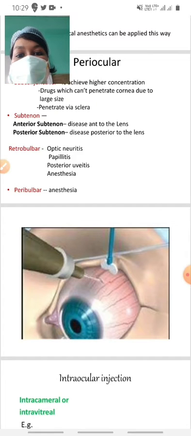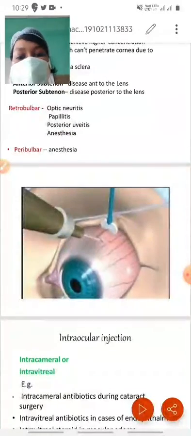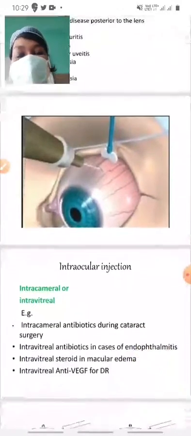Next is the retrobulbar injection, which is not given widely. More commonly, we use the peribulbar injection to give lignocaine anesthesia during cataract surgery. This is a diagram which shows the method of giving a posterior subtenon injection. We give it superiorly.